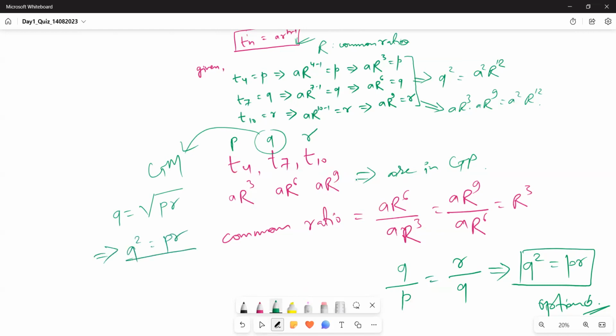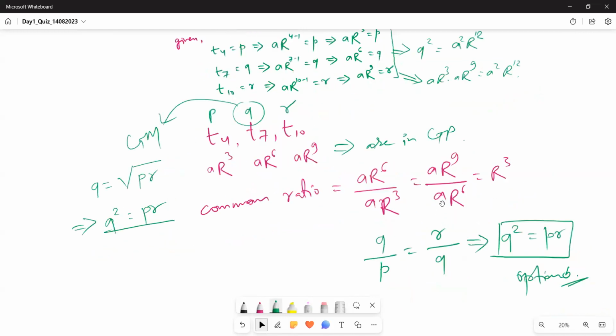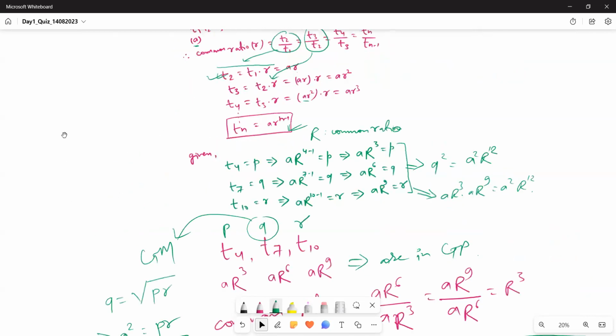Alternatively, using the common ratio, T7 by T4 equals T10 by T7, so Q by P equals R by Q, and transposing gives Q squared equal to PR. So option B will be our right answer. Got it?